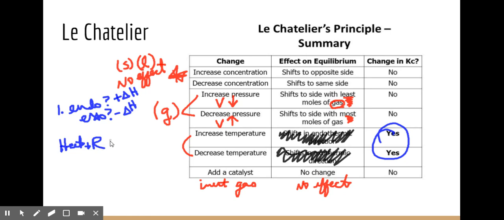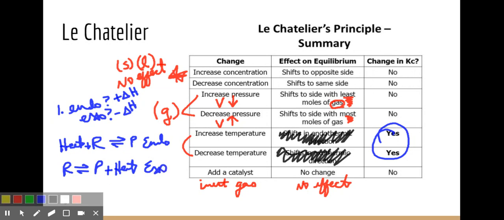So heat plus reactants go to products. This would be endo. If I have an exothermic reaction, my heat is going to be on my product side. So plus heat, we see this on my product side because this is an exothermic reaction.